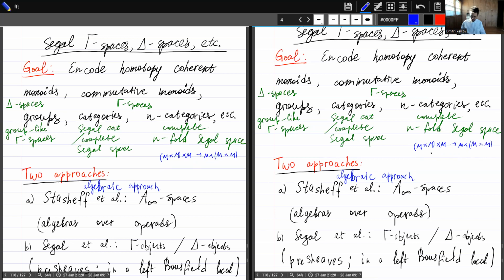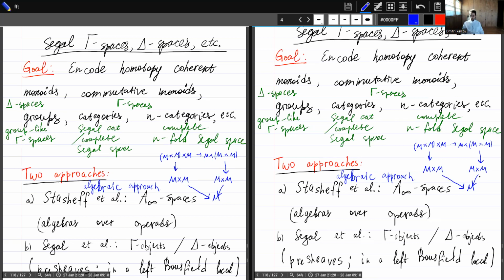So I can either multiply the first two factors or the last two factors. And then I can multiply one more time. And if this diagram was strictly commutative, this would encode the usual associativity of a multiplication.